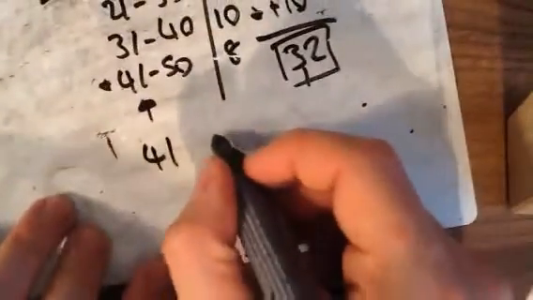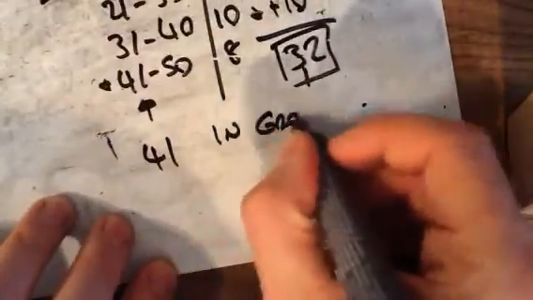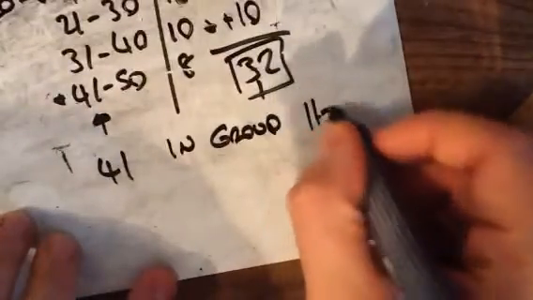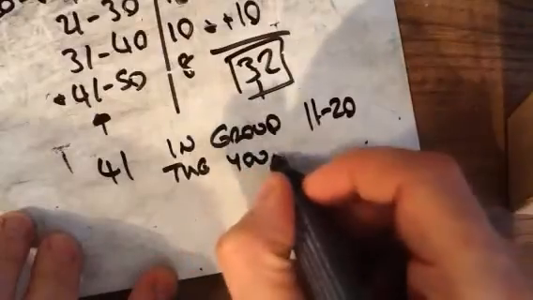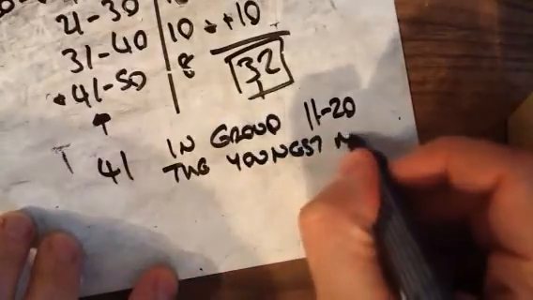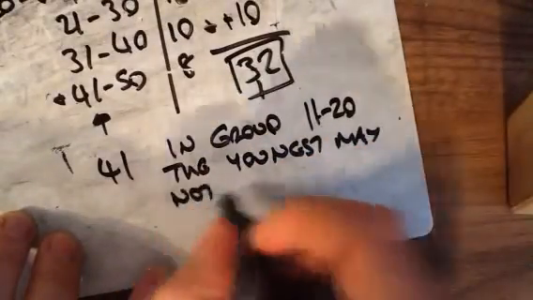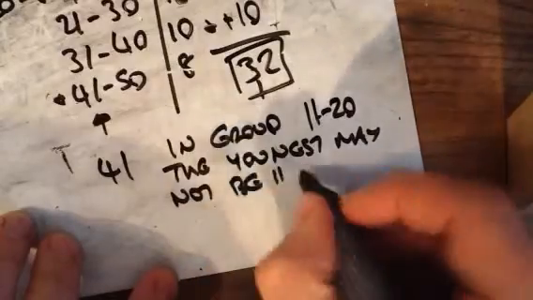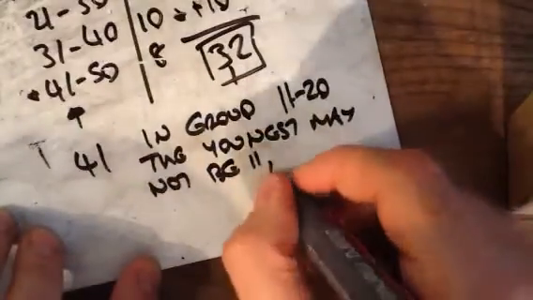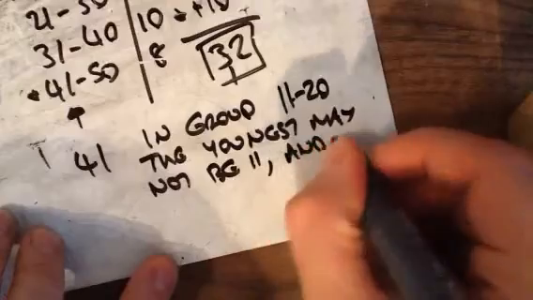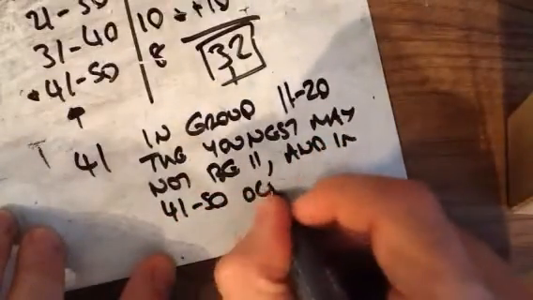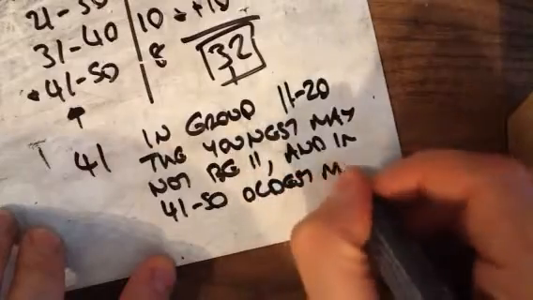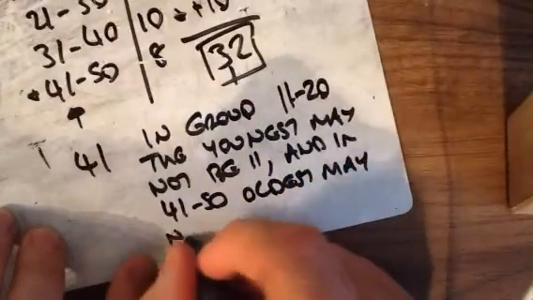So you need to say in the group 11 to 20, the youngest may not be 11. And in 41 to 50, the oldest may not be 50.